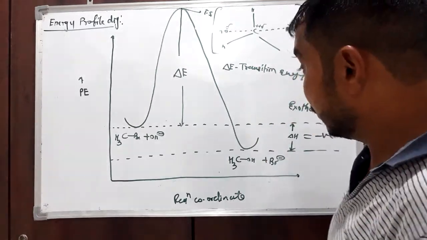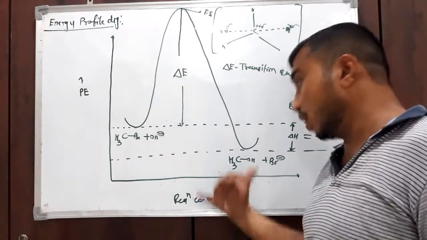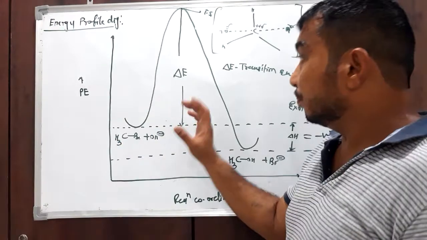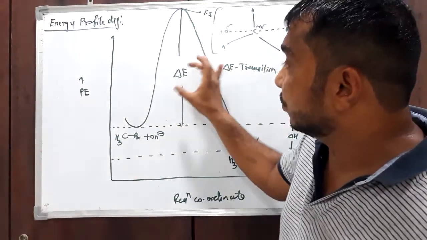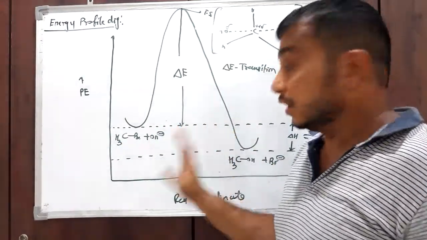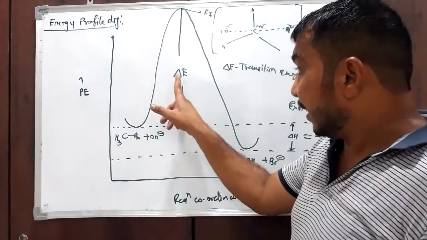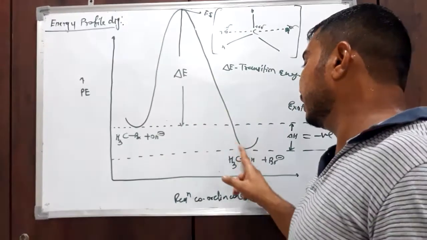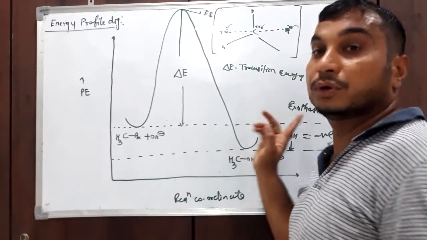When we want to complete this reaction or get the product, then the reactant must have this much minimum amount of energy with them. If the reacting compound has this much energy, then they will cross this energy barrier and get converted into product.